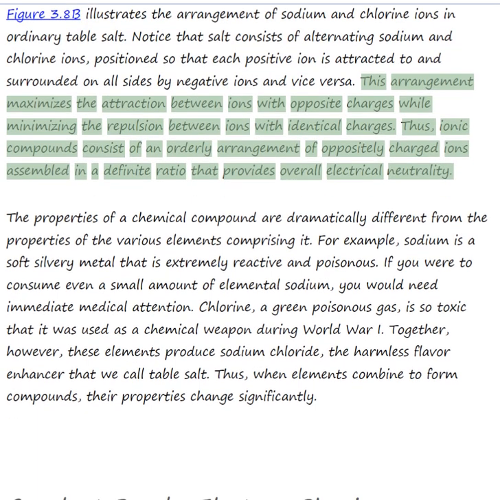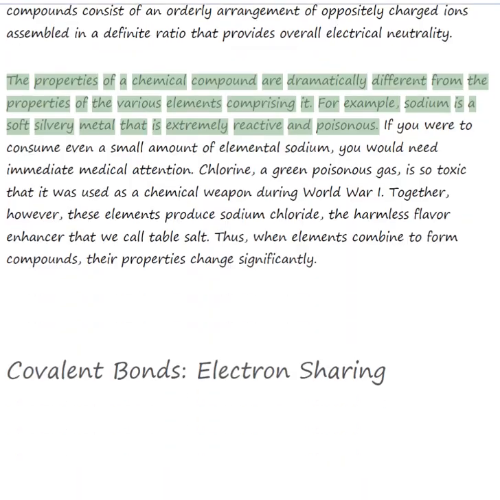This arrangement maximizes the attraction between ions with opposite charges while minimizing the repulsion between ions with identical charges. Thus, ionic compounds consist of an orderly arrangement of oppositely charged ions assembled in a definite ratio that provides overall electrical neutrality.